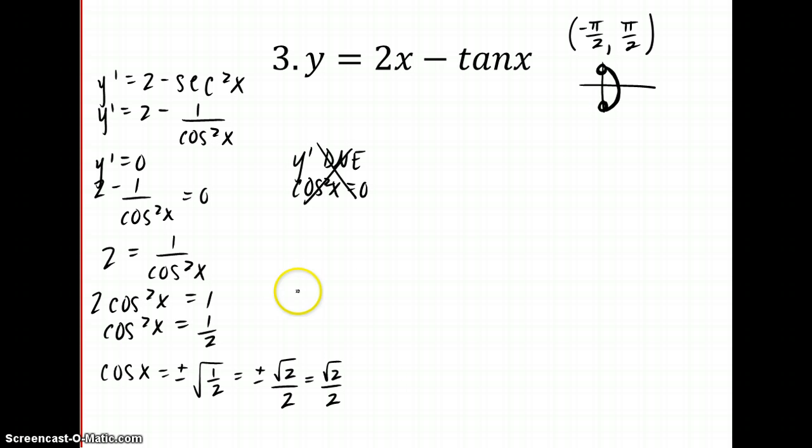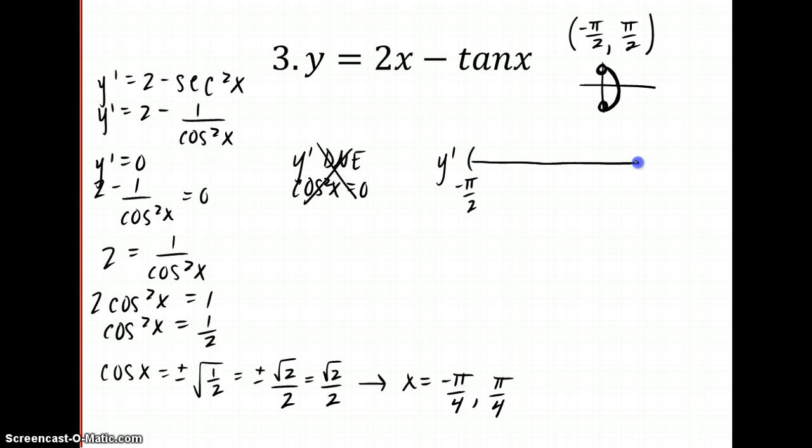So our critical numbers, negative pi over 4 would be the fourth quadrant angle, pi over 4 would be the first quadrant angle. Okay, negative pi over 4 would be here, pi over 4 in that region.